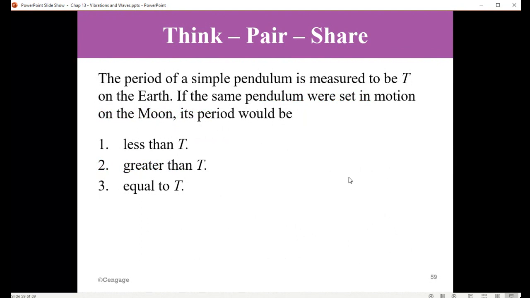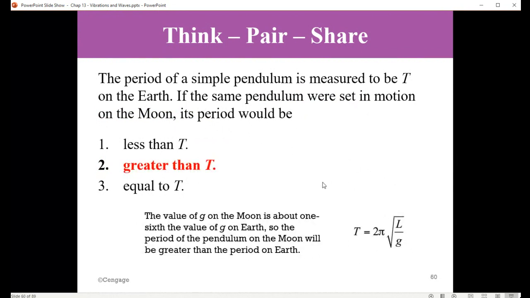Another question. The period of a simple pendulum is measured to be T on Earth. If the same pendulum were set in motion on the Moon, what will happen to the period? It will be less than T. Greater.